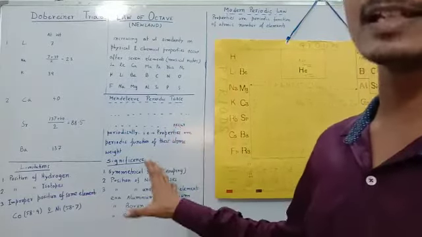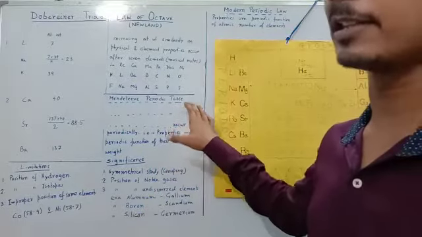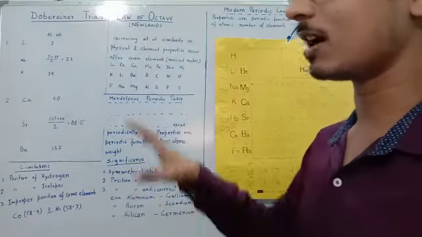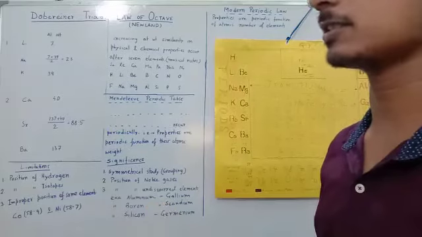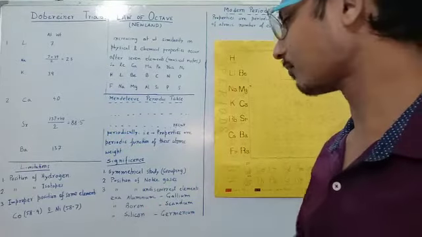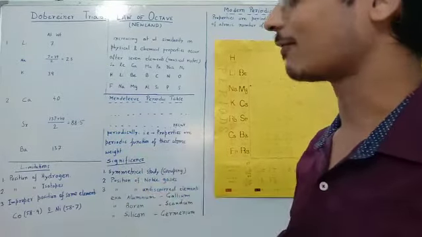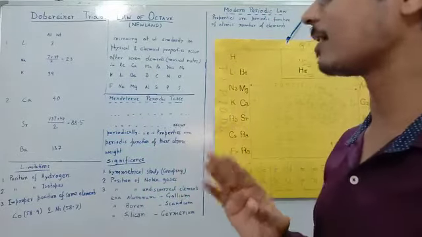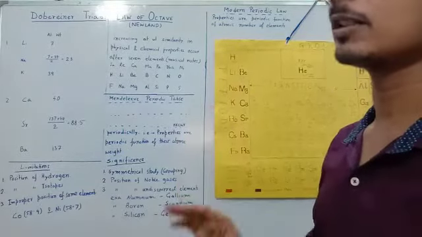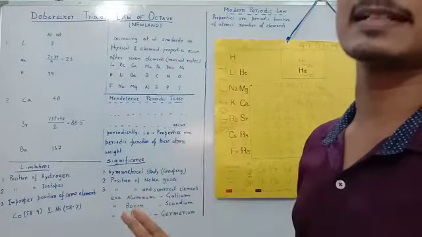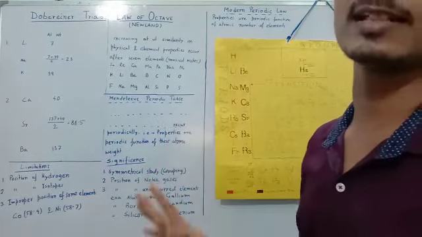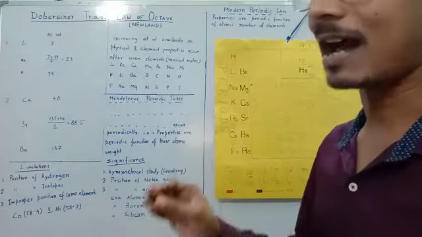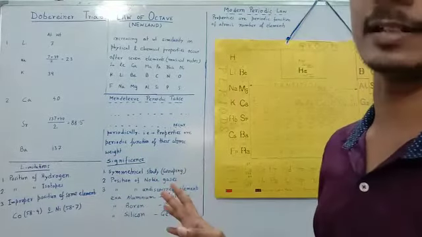During that period when Mendeleev gave his periodic table, the noble gases had not been discovered yet, so he left a blank space for their positioning. And after arranging the elements in ascending order of atomic weight, he found three vacant positions. He left three vacant positions for undiscovered elements.